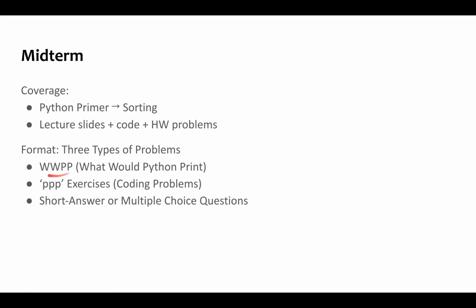The first one is WWPP, what will Python print? Similar to the PPP exercises we've dealt with in classes, there are going to be coding problems. And also there are going to be some short answer or multiple choice questions.